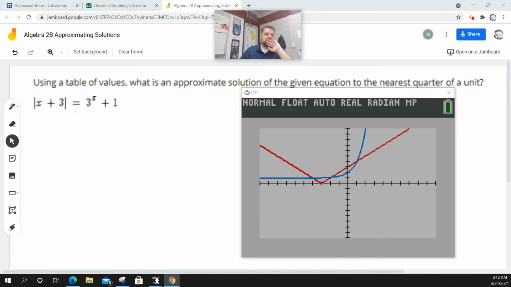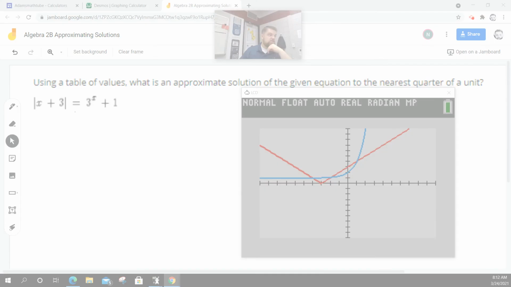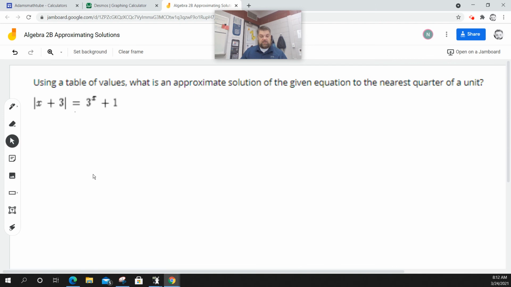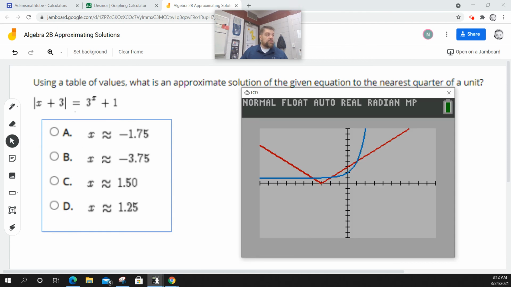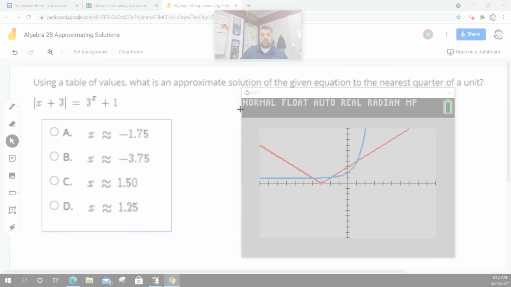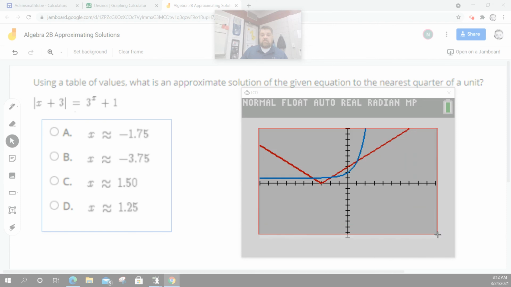So in the actual question, there's some multiple choice answers. So I'm going to put the multiple choice answers here because only one of them is going to be correct. So here are the multiple choice answers. Here is the graph.